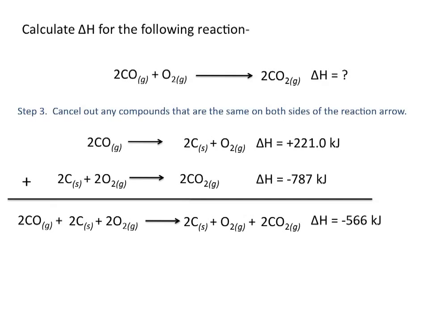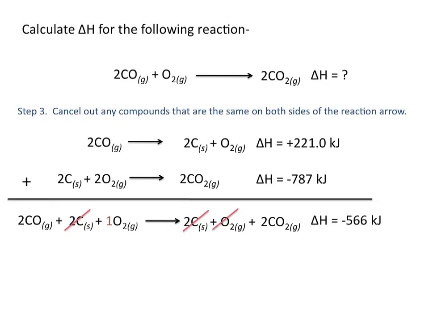But you'll notice that I have some compounds that are the same on both the reactant side and the product side. Anything that's the same on both sides of the reaction arrow can be canceled out. So I can cancel out my 2 moles of carbon on both the reactant and product side.